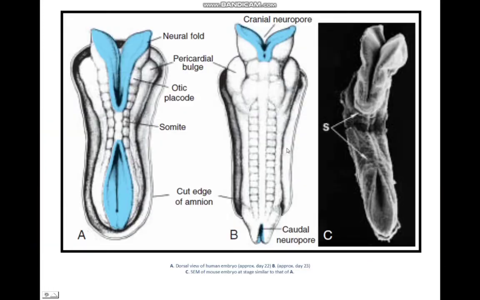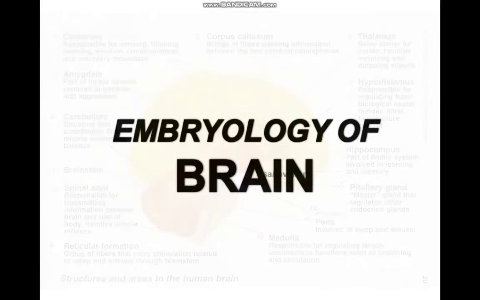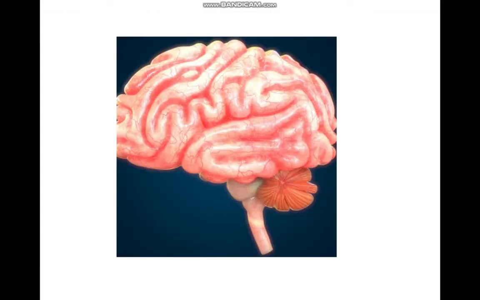The prosencephalon is the forebrain, the mesencephalon is the midbrain, and the rhombencephalon is actually the hindbrain. And the hindbrain is composed of the medulla oblongata, the pons and the cerebellum.